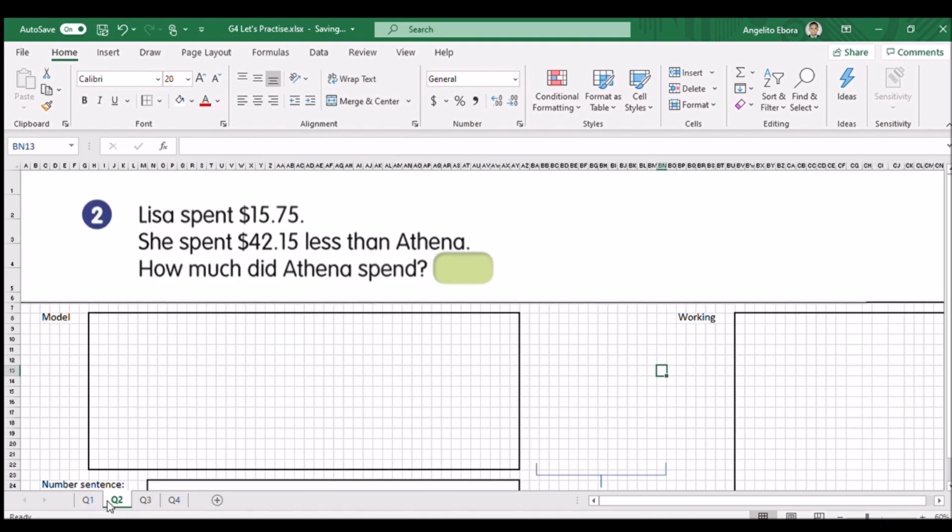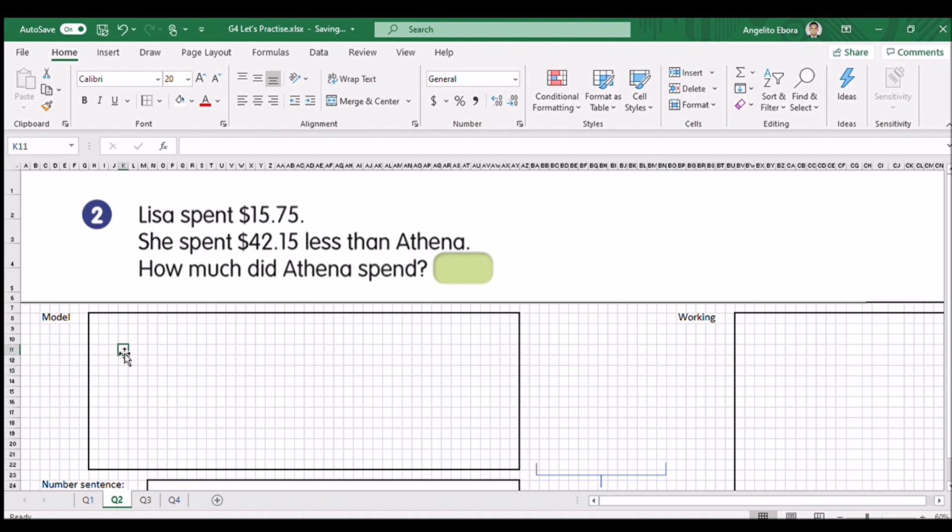Okay, now let's move on to number 2. Lisa spent $15.75. She spent $42.15 less than Athena. So how much did Athena spend? This problem tells us that Lisa spent less than Athena by $42.15.